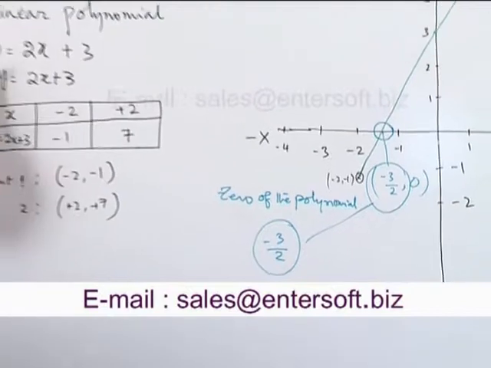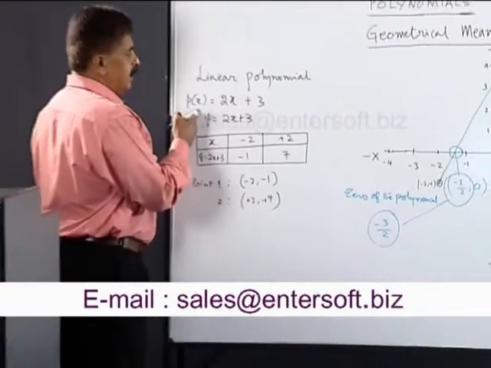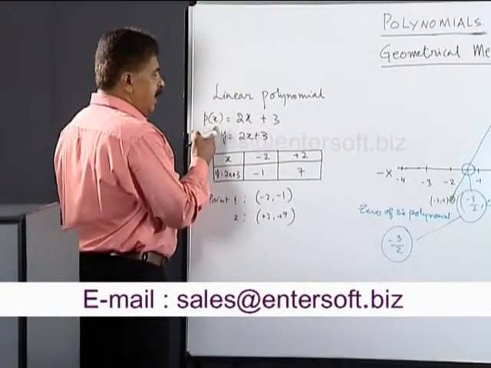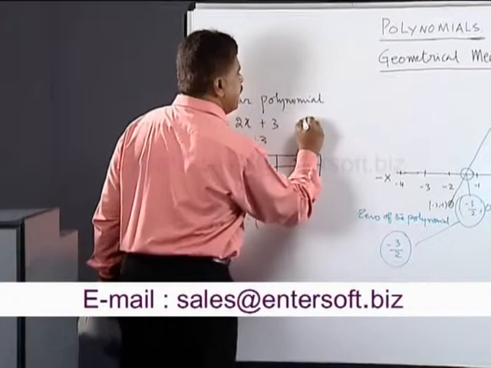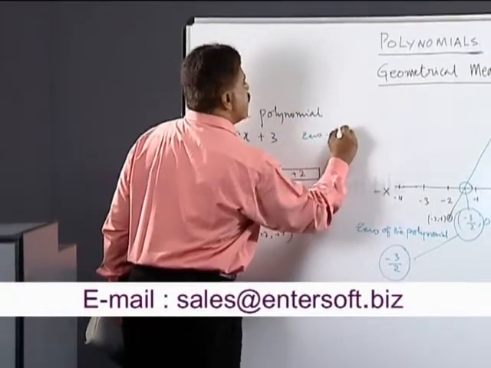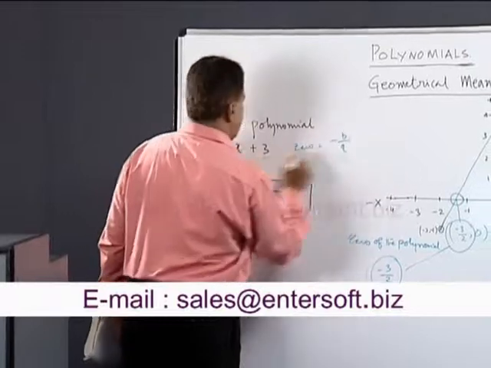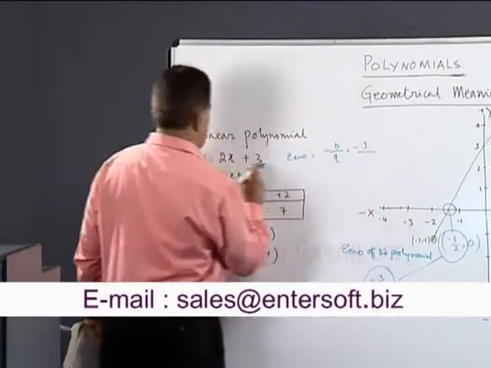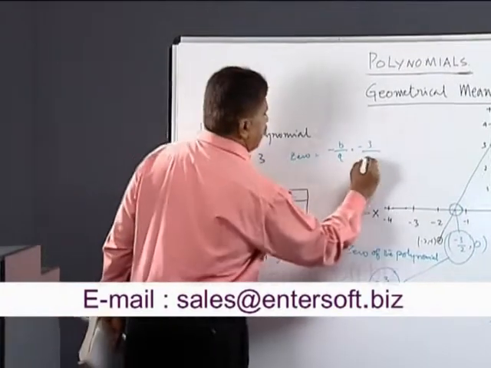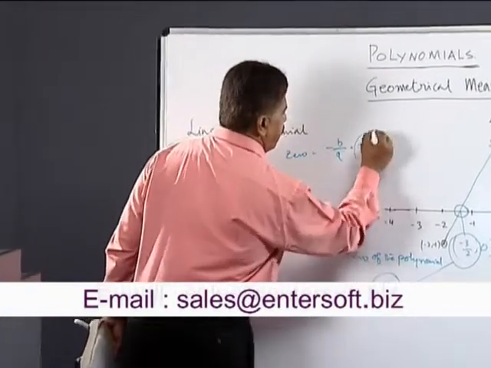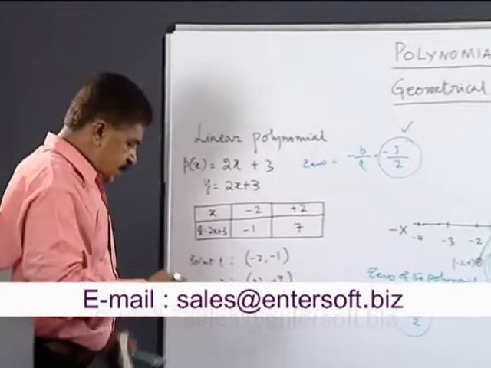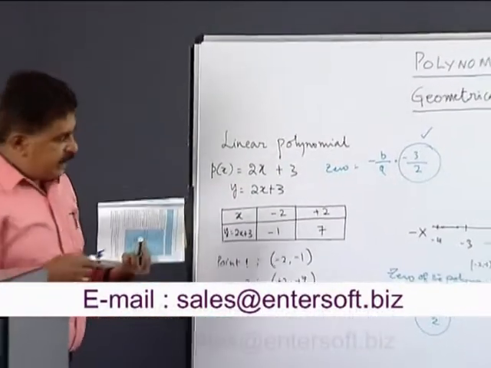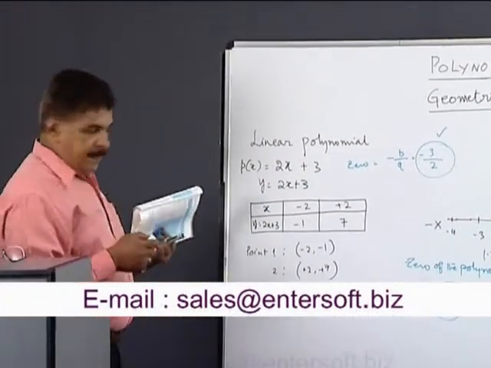As you know that in this particular case, in a linear polynomial, the 0 is given by minus b by a. What is minus b? It is minus 3. And what is a? Coefficient of x, 2. And therefore this is true. You see how easily you can find out graphically.